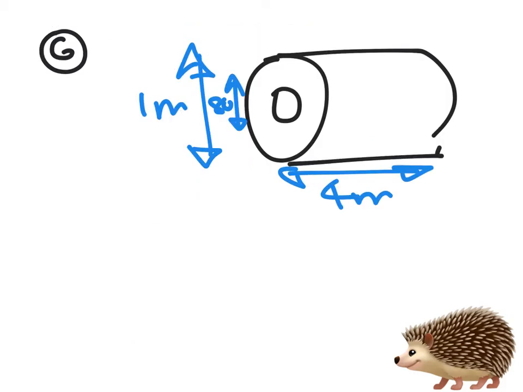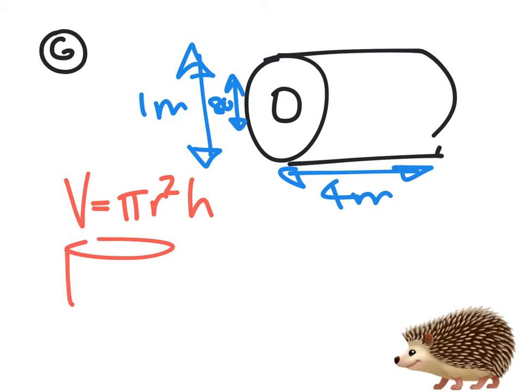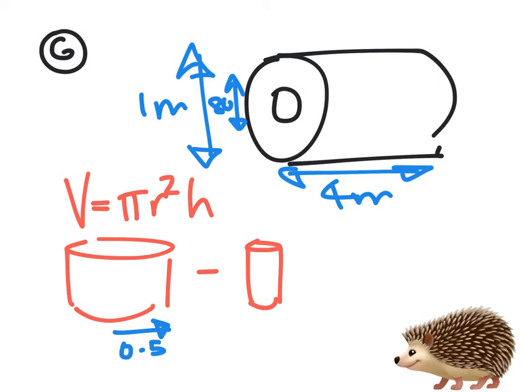Question 6. Remember, the volume of a cylinder is V equals pi r squared h. So we've got a big cylinder, and then we take away the little cylinder which is inside it. What do we know from the question? We know that the radius of the big cylinder is 0.5 metres. We know the radius of the small cylinder is 0.4 metres, because that must be half of the 80.